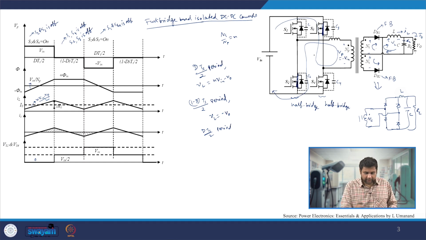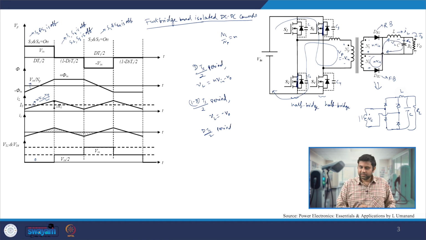Since we are applying minus Vin from Vp, on the secondary side we will see that this potential is minus n times Vin, and here it is minus n times Vin. That's when you are applying negative-positive, this is n Vin voltage, and you will see that DR1 gets reverse biased while DR2 gets forward biased, and because of that the IL will be flowing like this, coming back here.